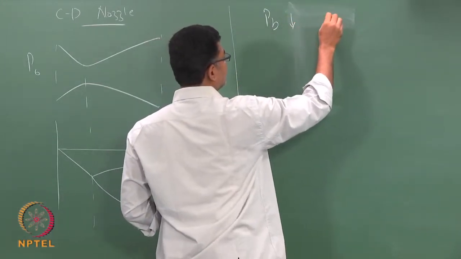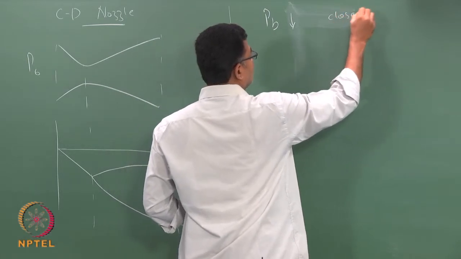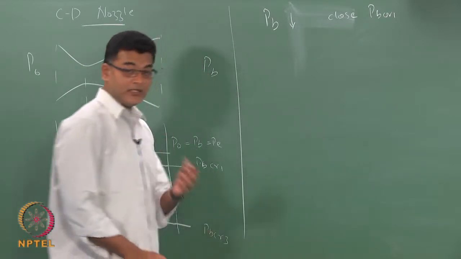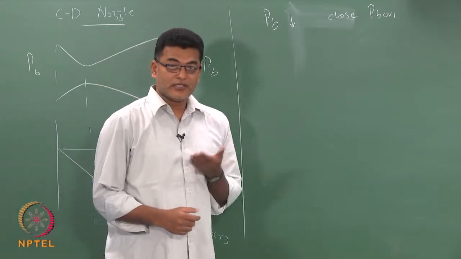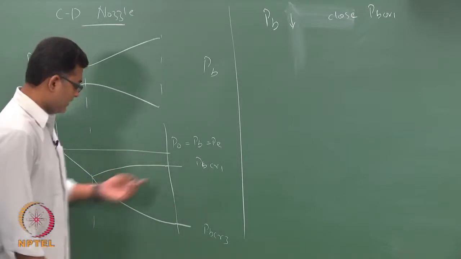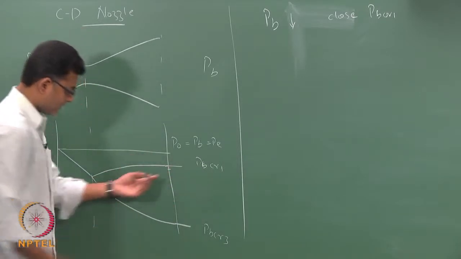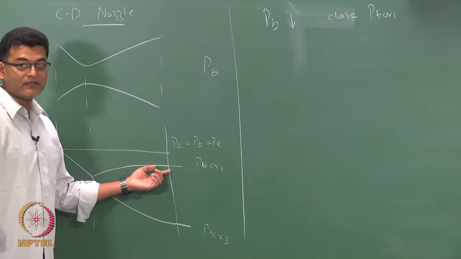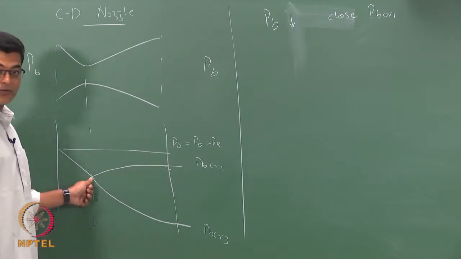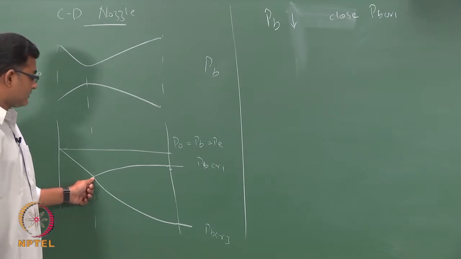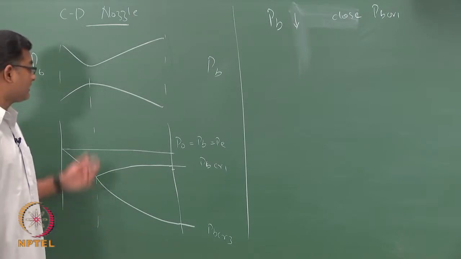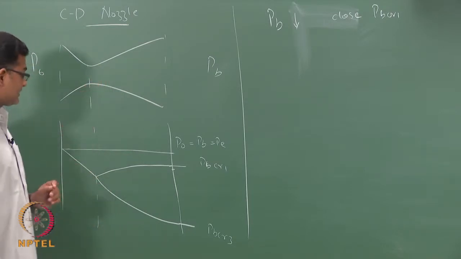Now, this is smaller than PB critical 1, but closer to PB critical 1, meaning the flow in the throat is choked, but the exit pressure is somewhere here, closer to P critical 1. The flow is still choked, so you will have Mach 1 here, and it is a non-isentropic solution. So, there is a shock somewhere sitting in the diverging section.